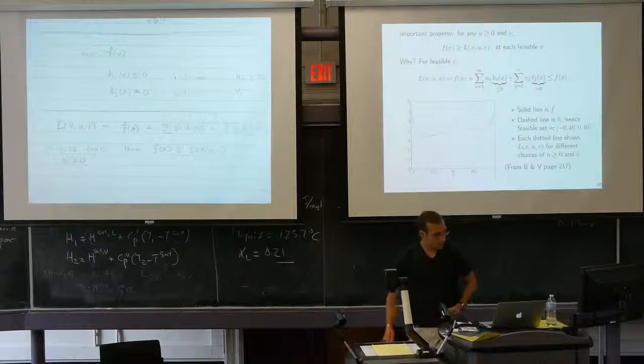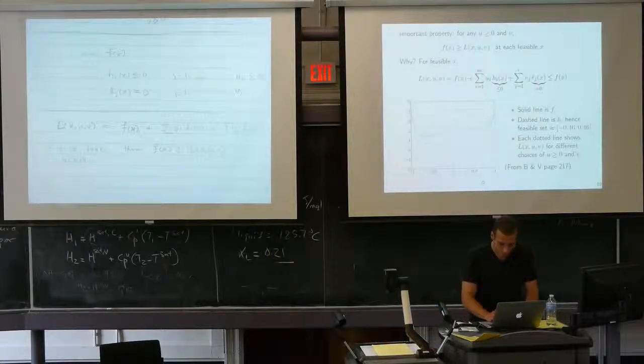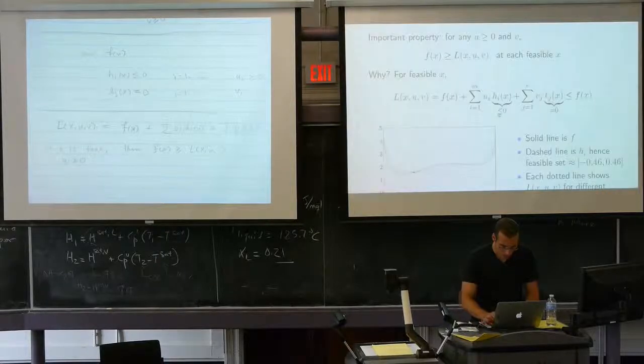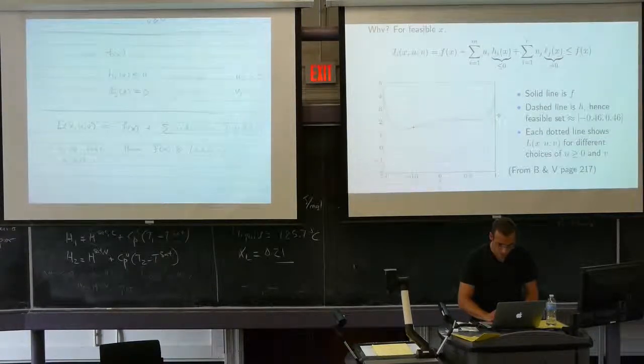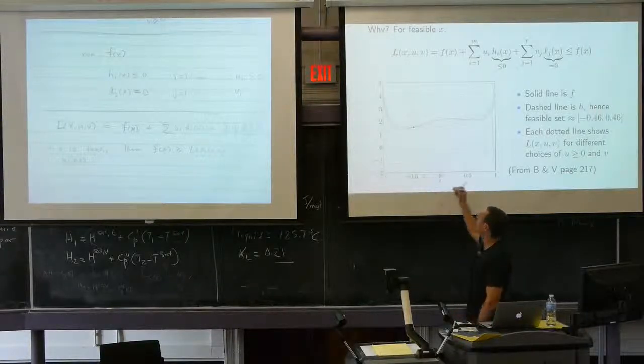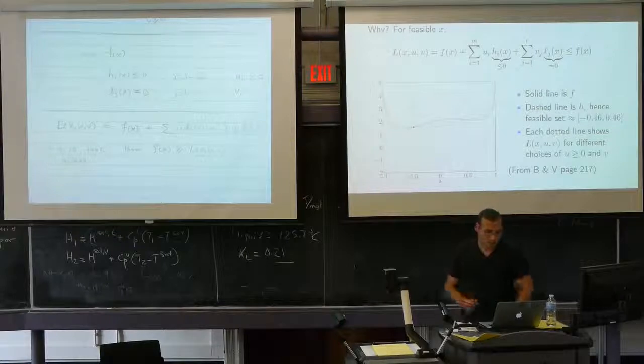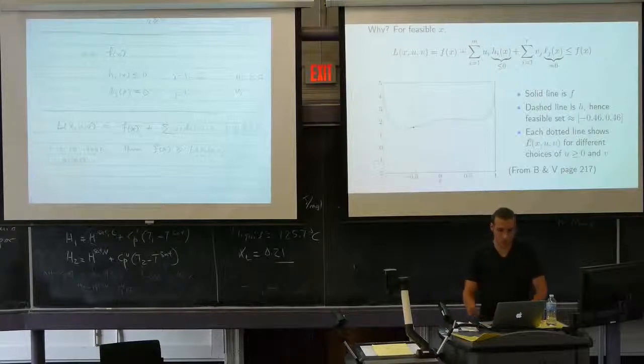So what have I done here? I took this example from your textbook, and the solid line is our function f. The feasible set here is x between about minus 0.5 and 0.5, a little bit in from that. And then I formed the Lagrangian of this function, which is written up there on the yellow paper.